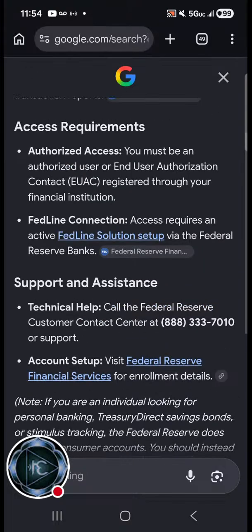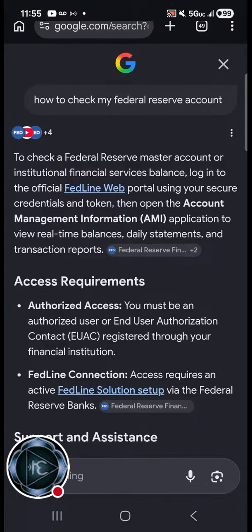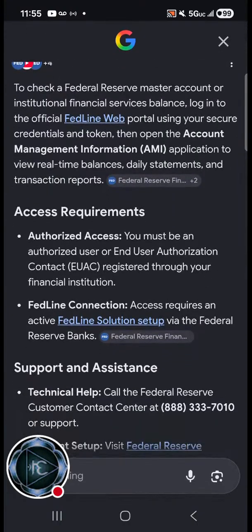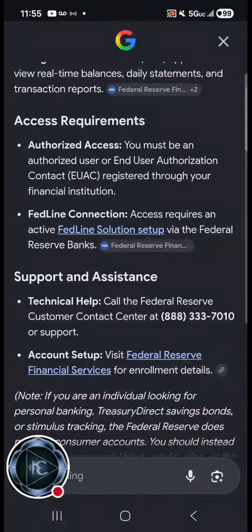To put that in the question specifically, instead of saying my Federal Reserve account, you would put the end user account, or you would question it specifically about end user access, end user authorization contact, and they registered you through your financial institution.